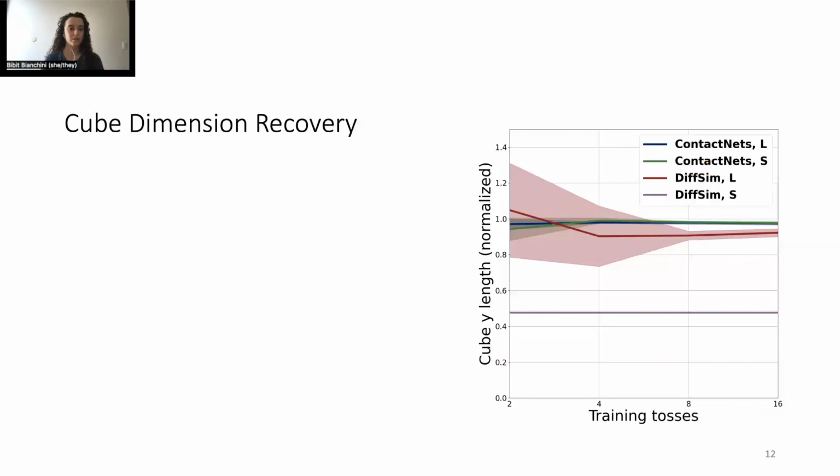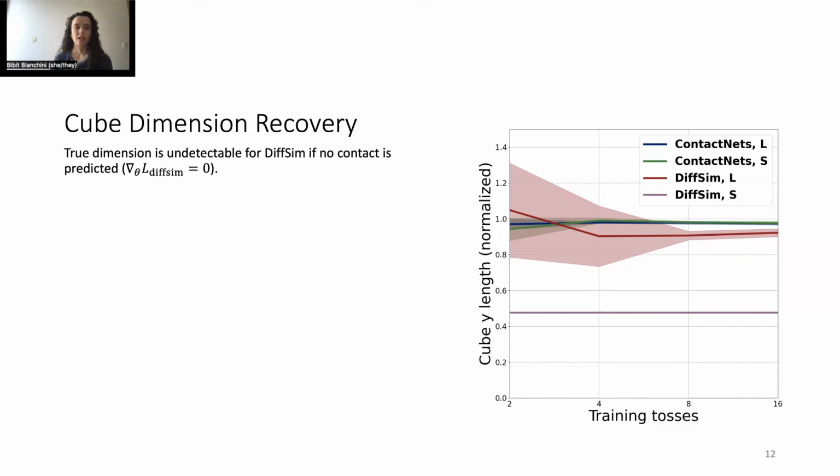So here's what that geometry learning looks like, where we note that the true dimension is undetectable for differentiable simulation if no contact is predicted, as we discussed earlier. That can be shown here by this line down here, where the value was predicted to be too small.